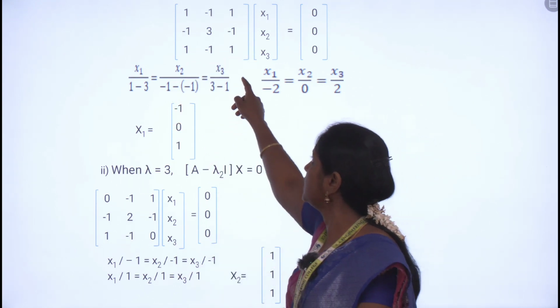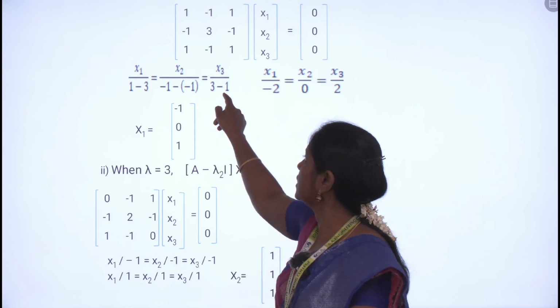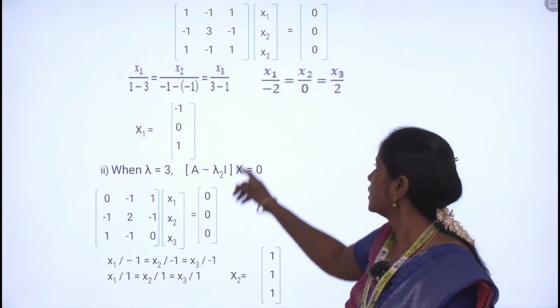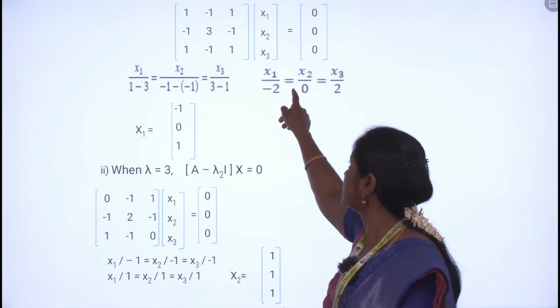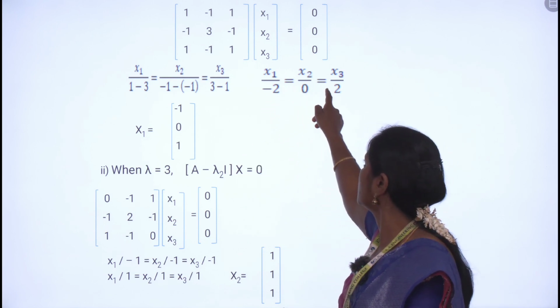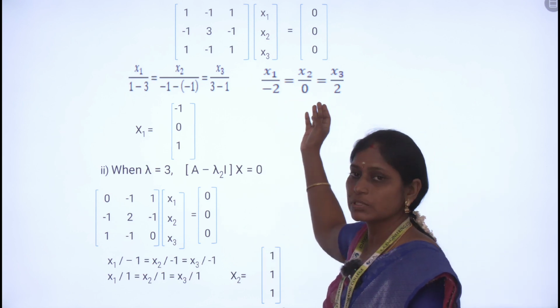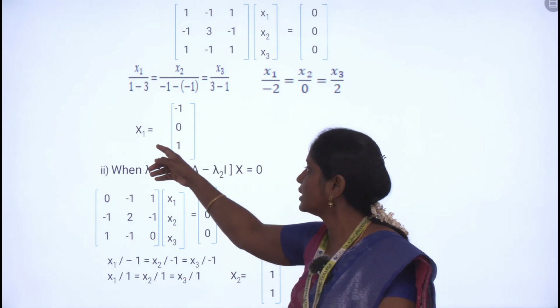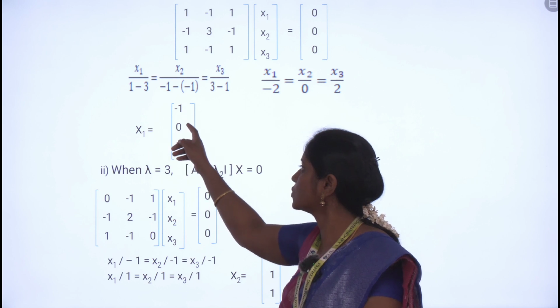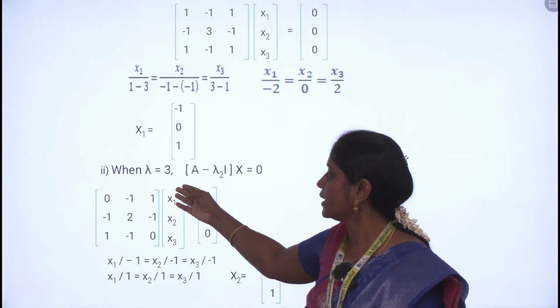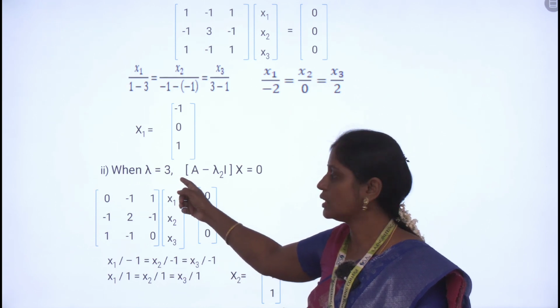And for x3: 3 into 1 is 3 minus minus 1 into minus 1 is plus 1. So we get x1 divided by minus 2 equal to x2 by 0 equal to x3 by 2. All these are multiples of 2, therefore we get the first eigenvector x1 equal to minus 1, 0, 1.